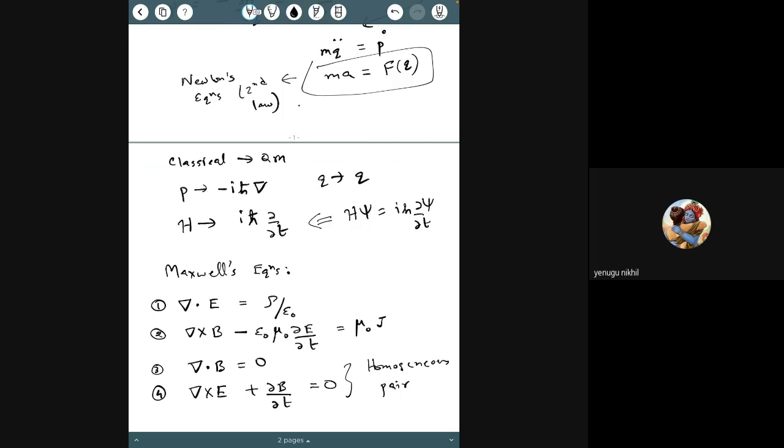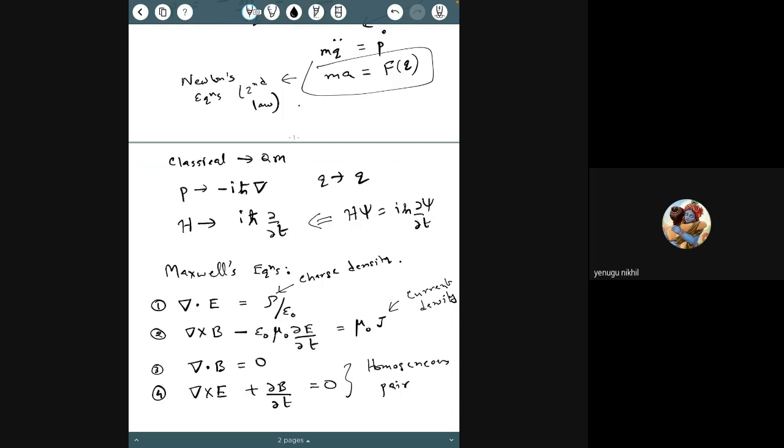The second one tells you that the magnetic field can be produced from a changing electric field as well as from J. J is the current density, which basically means the electric flux in a region. If you have flowing charges, you can quantify that in terms of flux, and that gives rise to a current density. And rho is called charge density, which is a static thing. It tells you the distribution of charges in an area.